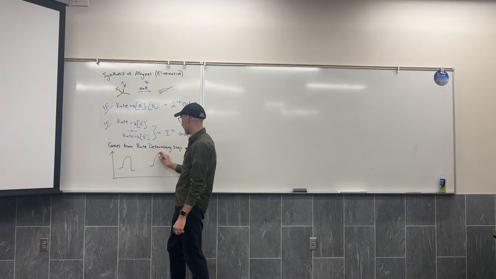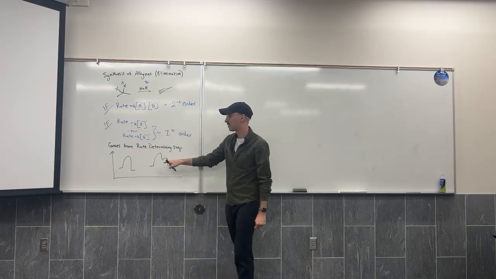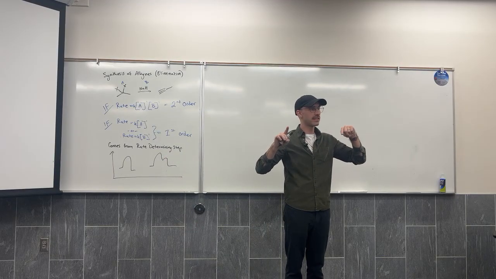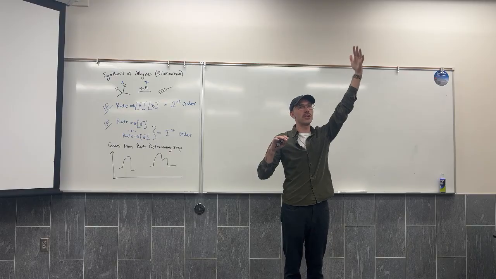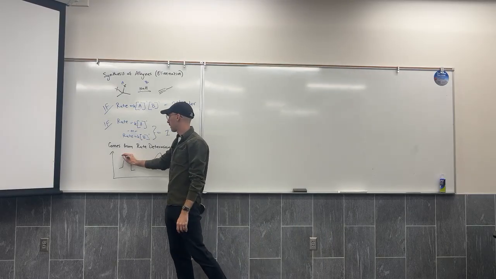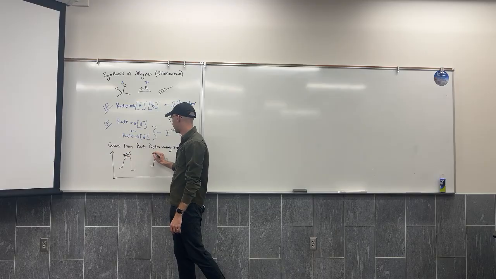But if we have a reaction coordinate diagram that has two different steps with different energies, it's whichever one is hardest to do. Whichever one takes the most energy, that's called the rate determining step.